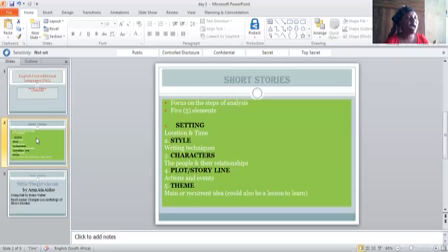Characterization deals with how the characters in the story are described. In short stories, there are usually fewer characters than in a novel. They usually focus on one central character or protagonist.